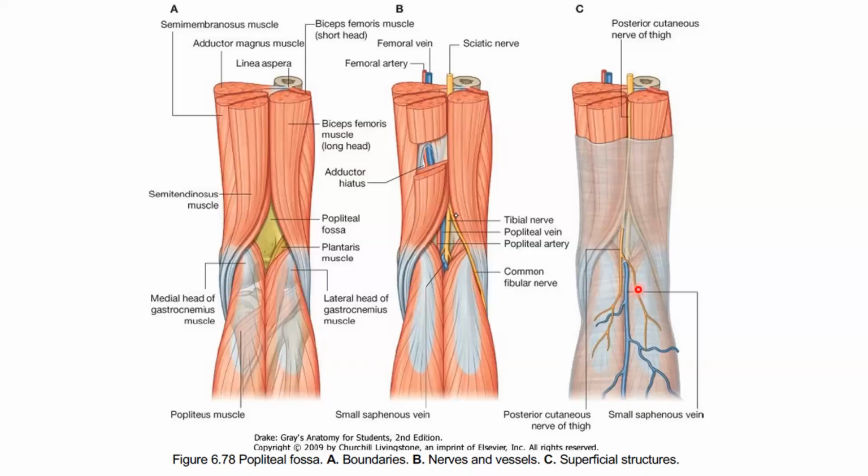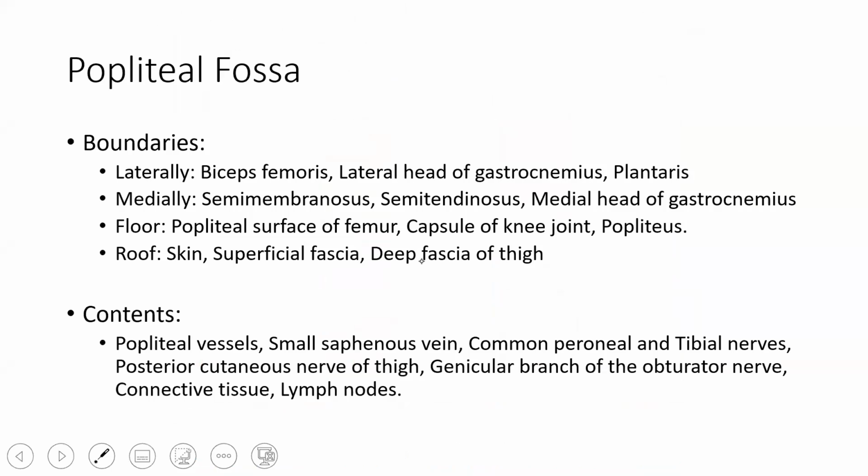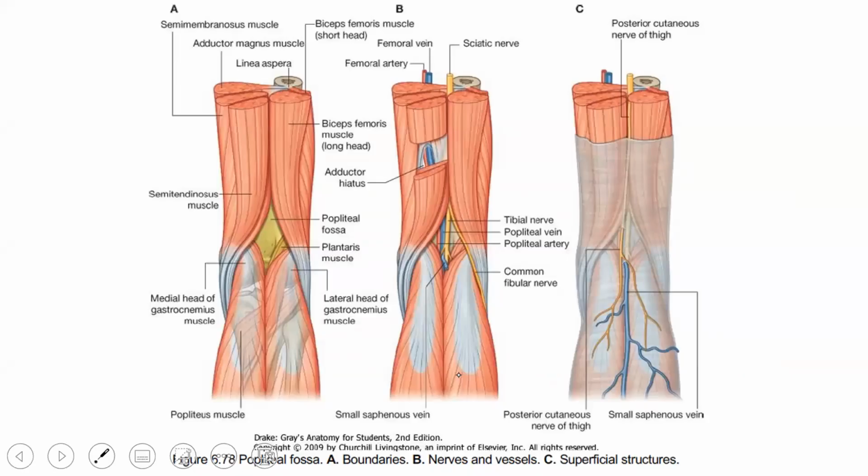Also, you have lymphatic nodes situated in this area, and other small nerves related to the knee joint, like the genicular nerve, genicular branch of the obturator nerve, other connective tissue, and those things.